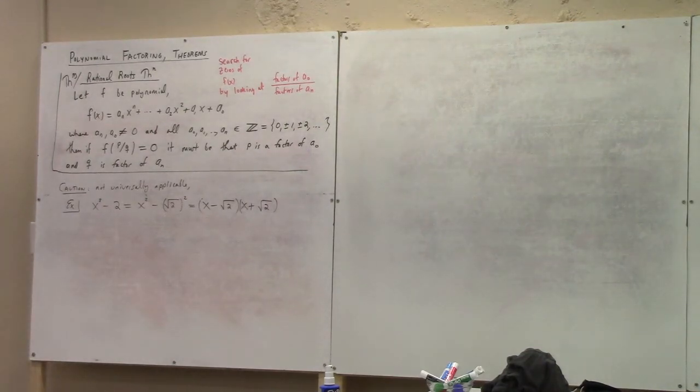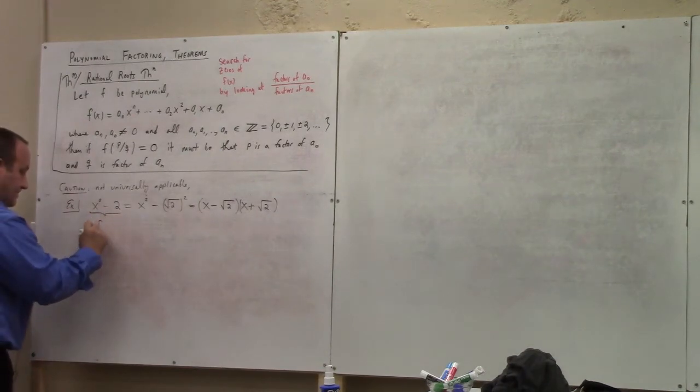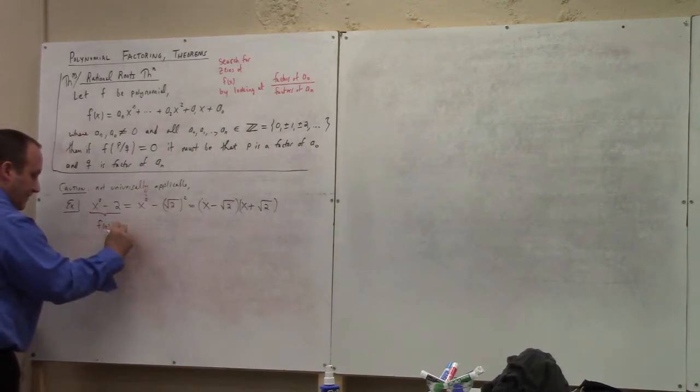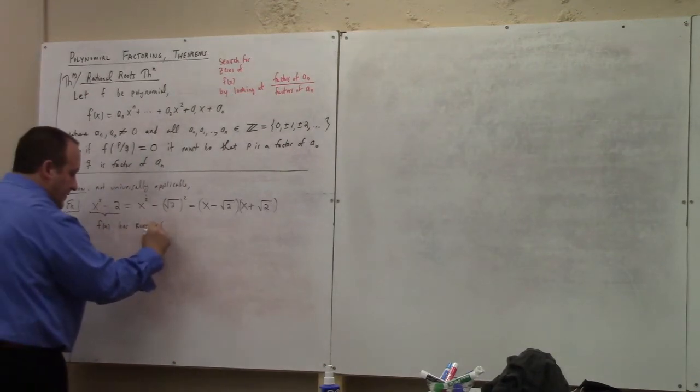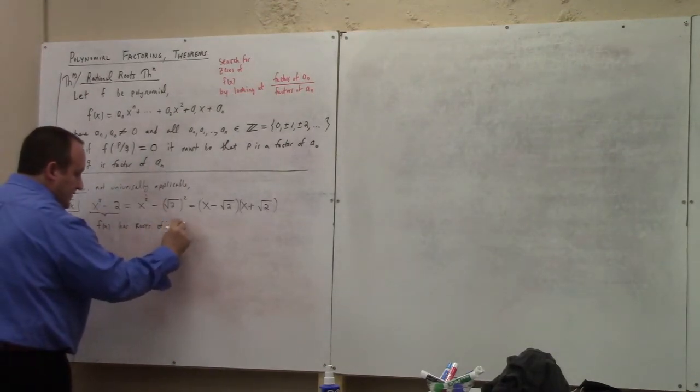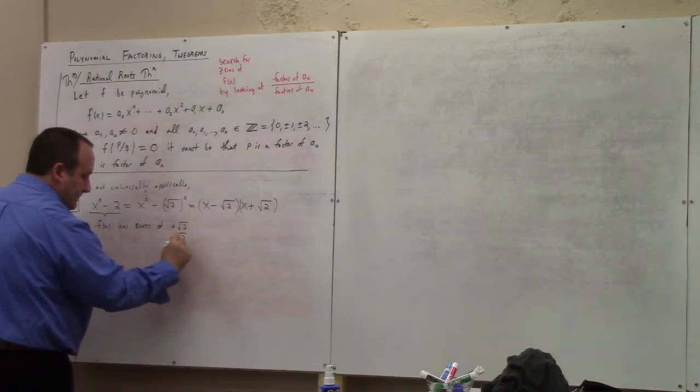So this polynomial does not have a rational zero. What are the zeros of this f of x? It has roots of plus the square root of 2 and minus the square root of 2.